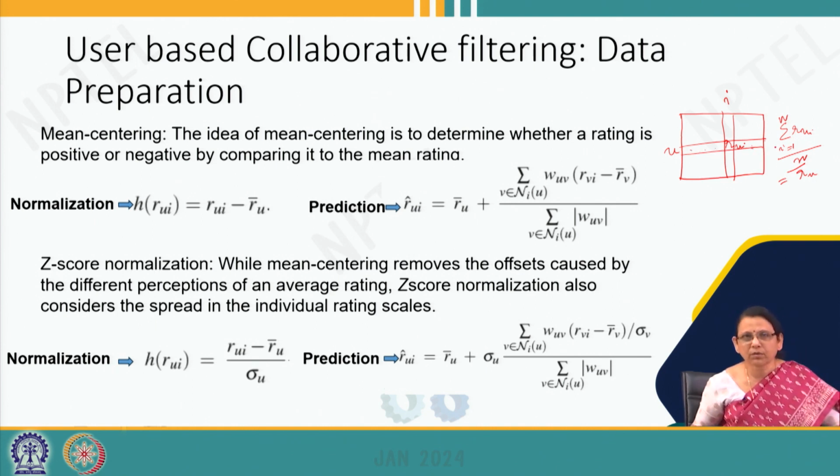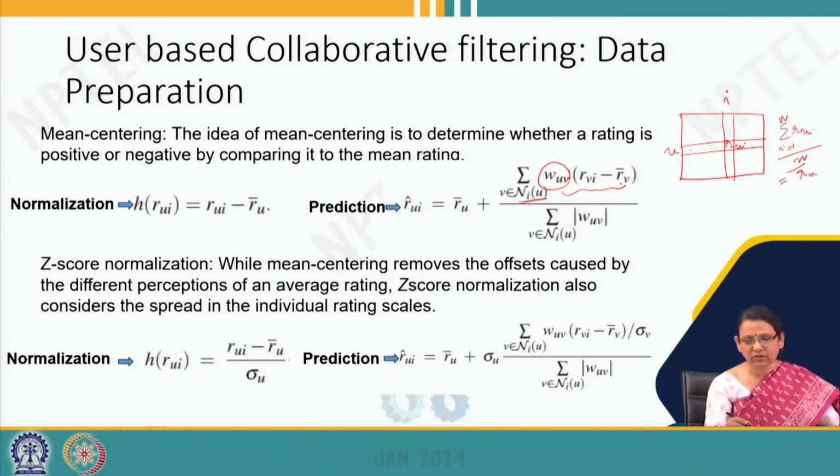Now, because you are subtracting this mean from everything, while you do the prediction, you have to do the reverse. Reverse in the sense, when you do prediction using the similarity of the other users, this WUV is the similarity with the user V in the neighborhood of user U, where you take the weighted average.